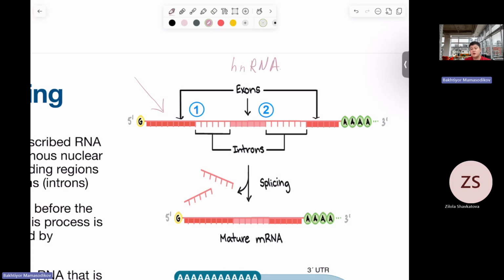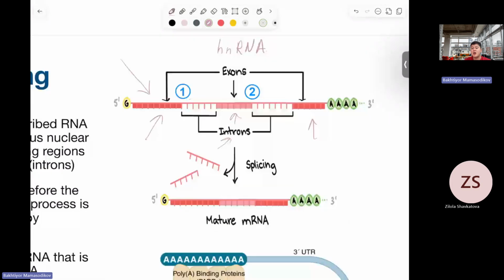Those parts are called what? They are called the exons, and they are coding regions, important parts. And also we have the introns, and those introns are non-coding regions, and they are useless. And this process is called what?